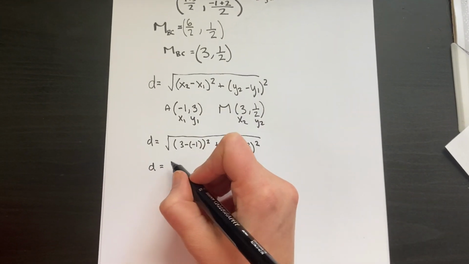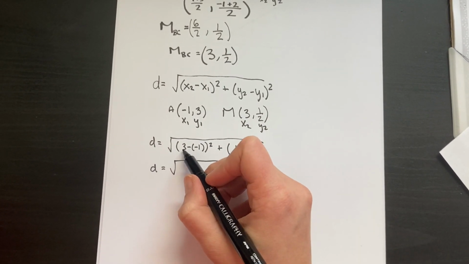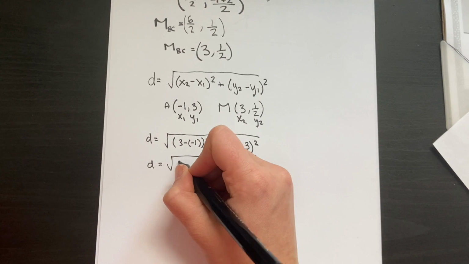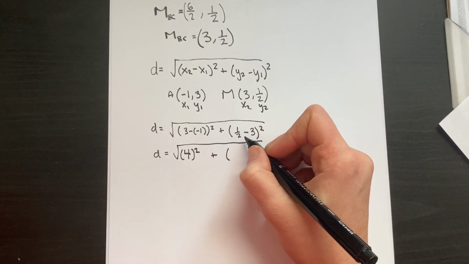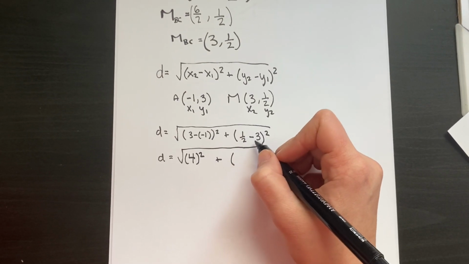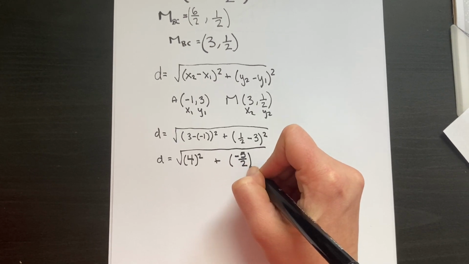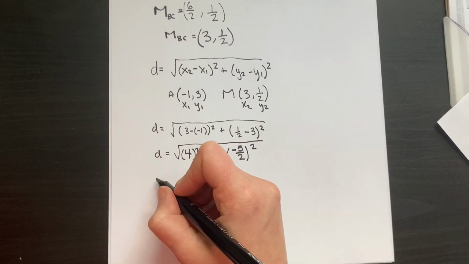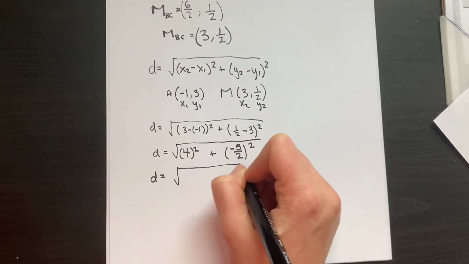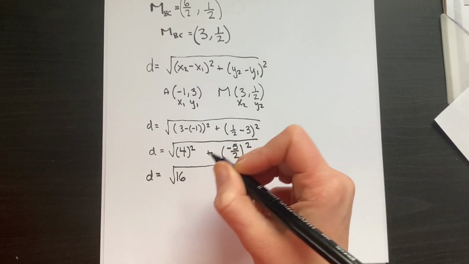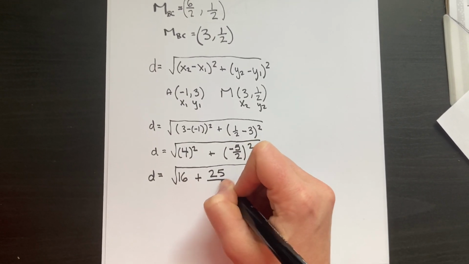All right, so distance equals the square root of 3 minus -1 is 4 squared, plus 1/2 minus 3, which is the same as 1/2 minus 6/2, so it's -5/2 squared. So then D equals the square root of 16 plus 25/4.